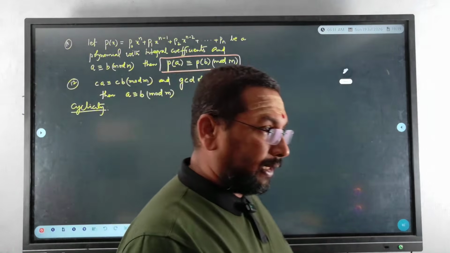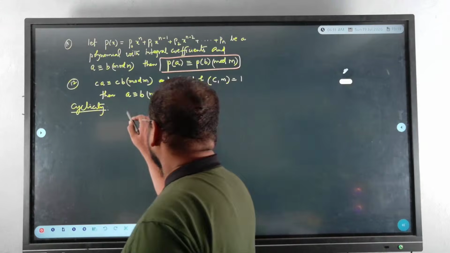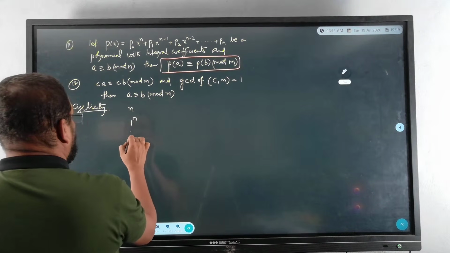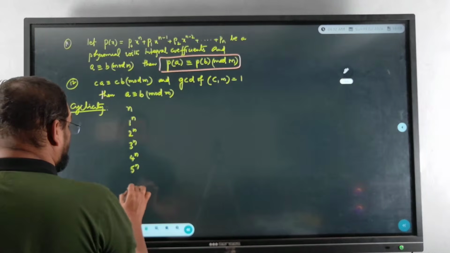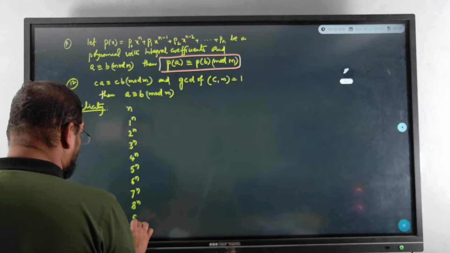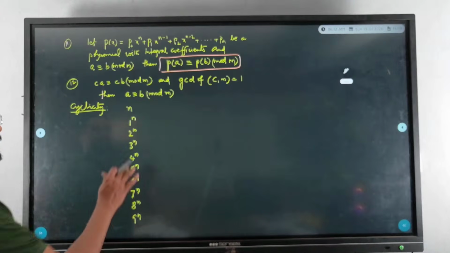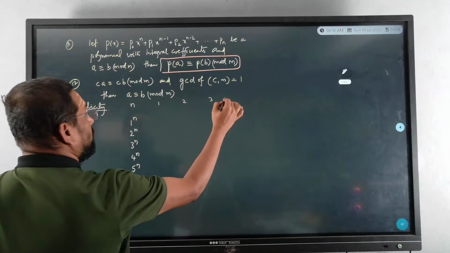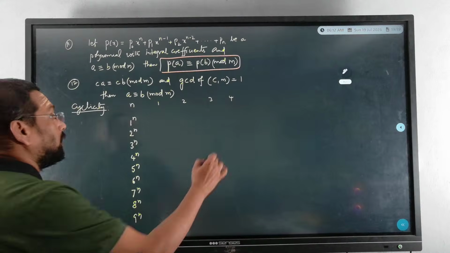In cyclicity, directly we can form the tabular form. N equal to 1, 2, 3, 4 and the period, with 1 power n, 2 power n, 3 power n, up to 9 power n.